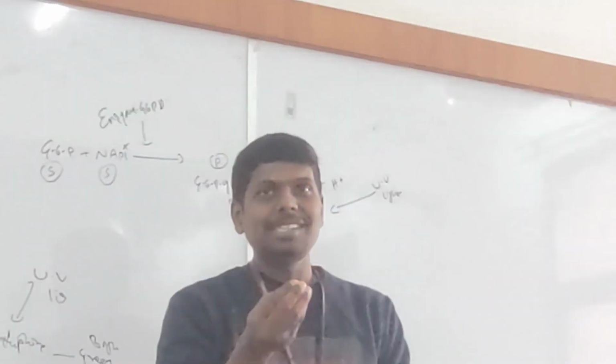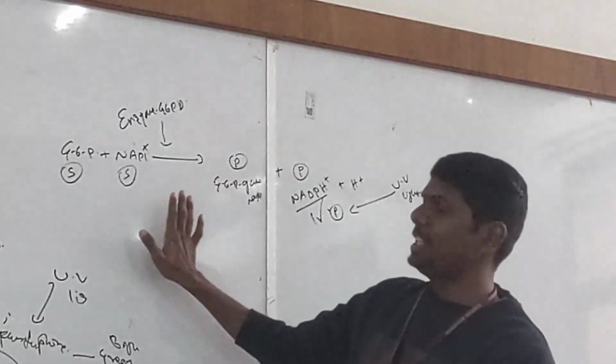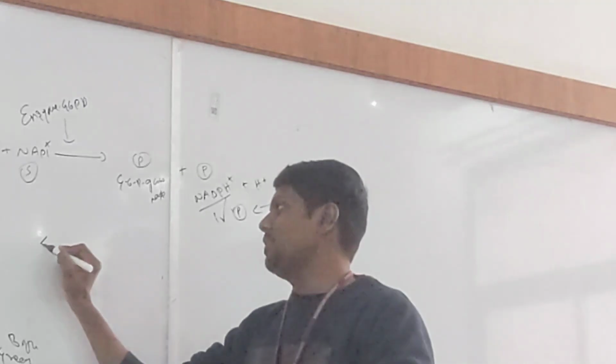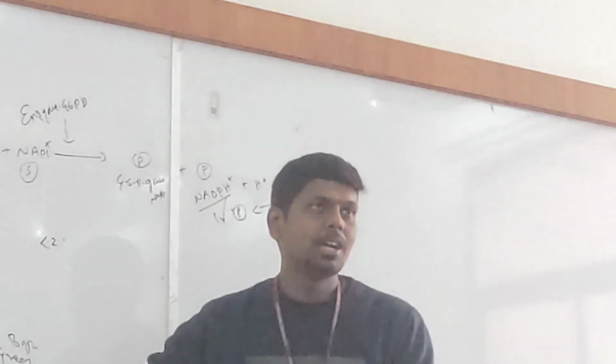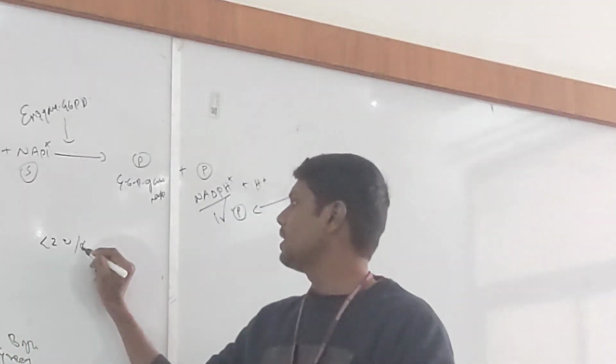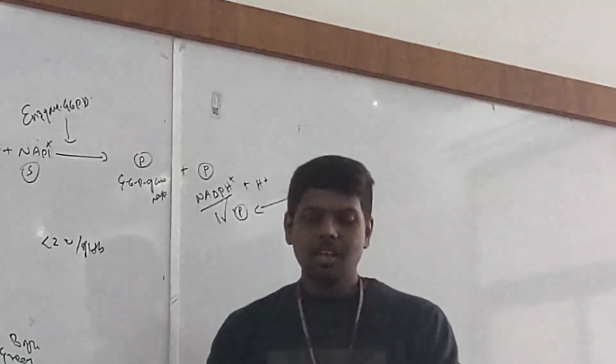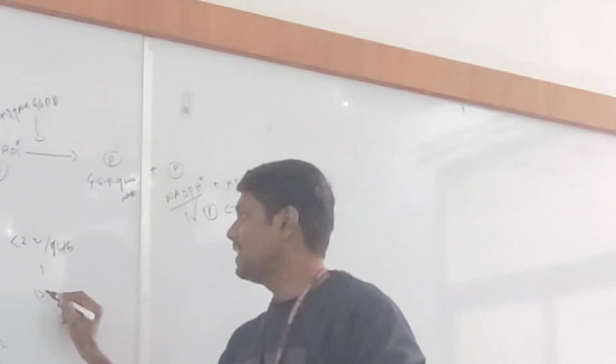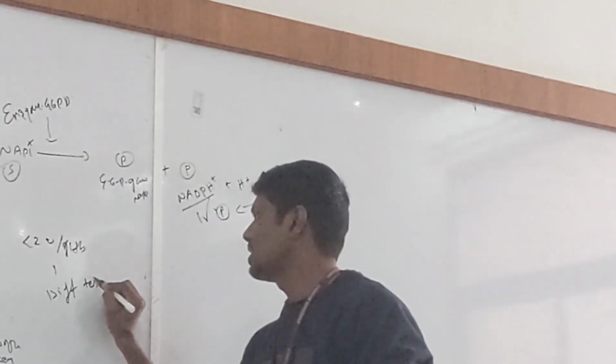This test we performed, we came to know that levels are less than 4, less than 2 units per gram of hemoglobin. How will you cross verify this? That cross verification is called differential tests.